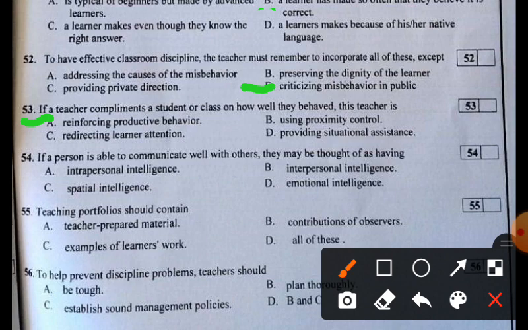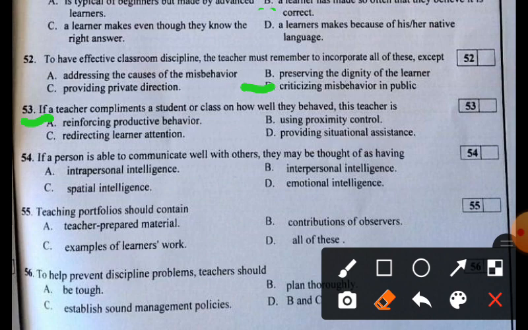54. If a person is able to communicate well with others, they might be thought of as having A, interpersonal intelligence. B, intrapersonal intelligence. C, spatial intelligence. D, emotional intelligence.